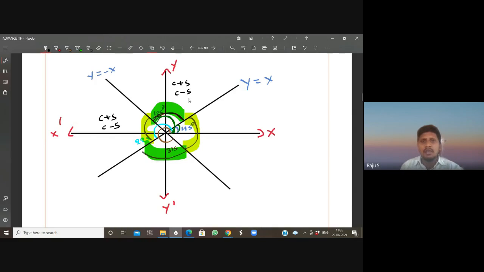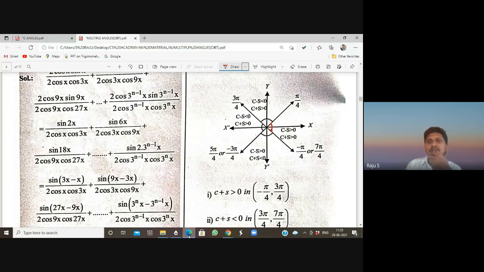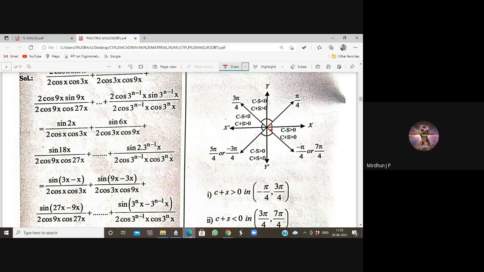Right. C plus S, C plus S. See here, clearly C plus S already greater than 0. C minus S value, it should also be greater than 0.